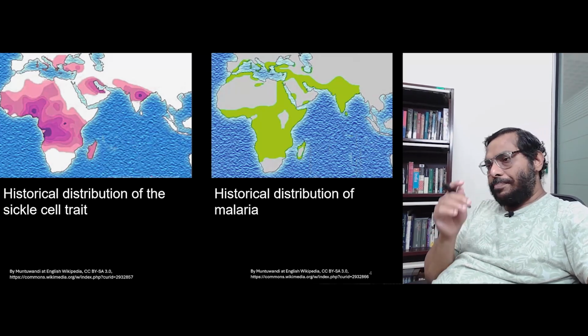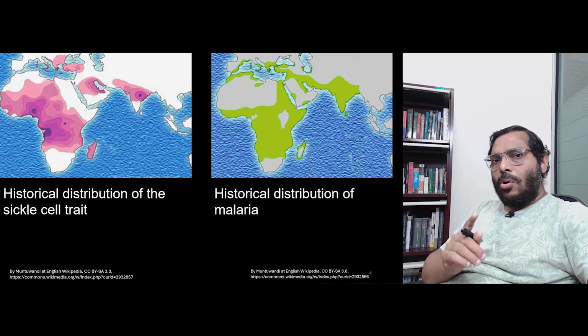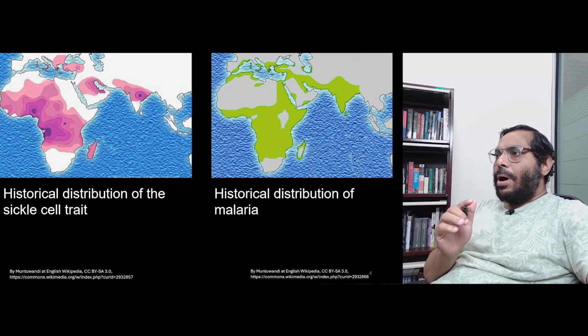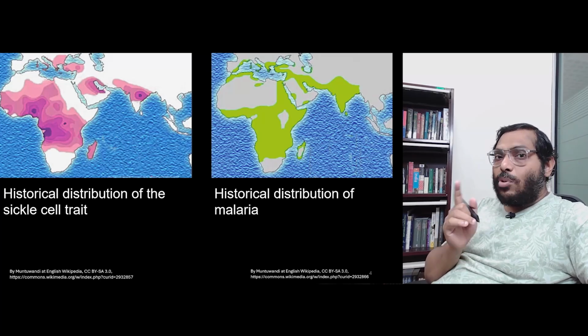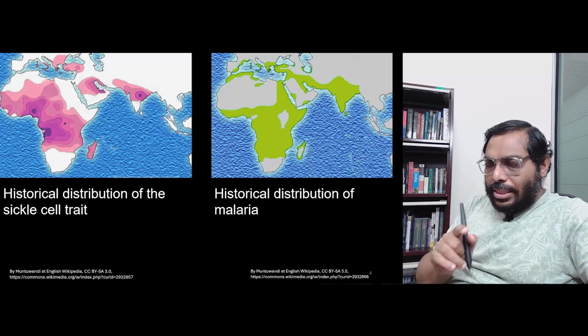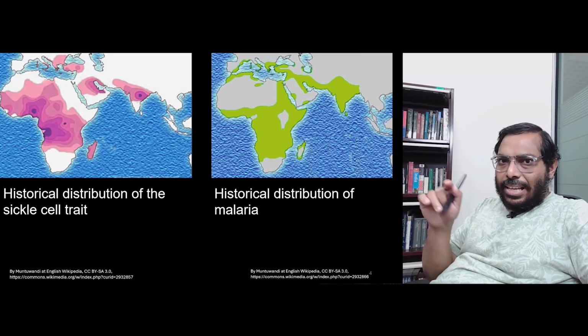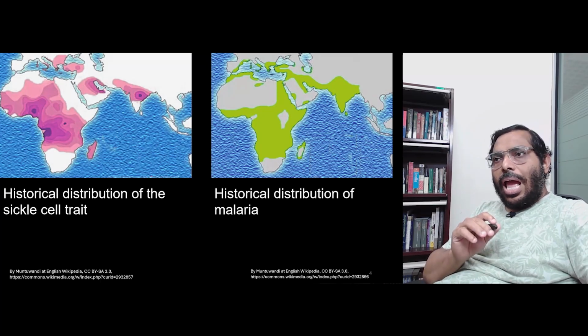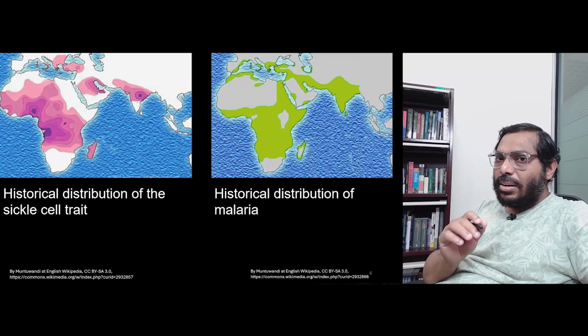That is because individuals who are homozygous for SS, obviously they are in trouble, but individuals who are heterozygous for the S allele, that is basically the AS genotype, actually have an advantage. What is the advantage?